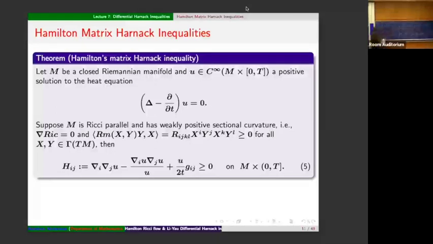That's why it's called the matrix trace version. So it's the same as that, the one we discussed.